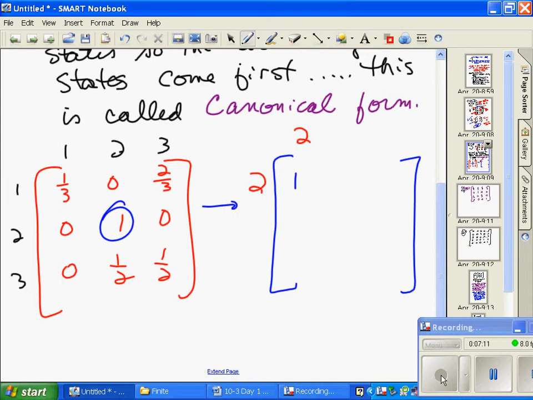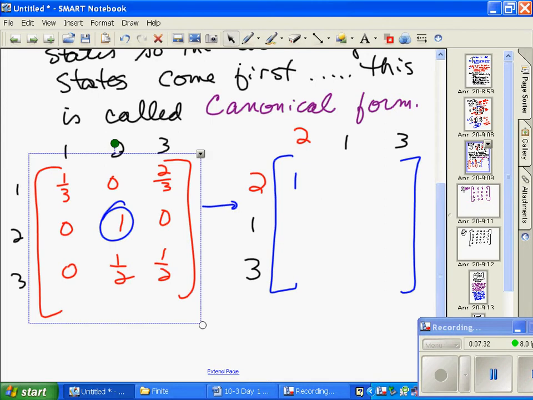So the other two states that are left are 1 and 3. Now it doesn't really matter what order you put them in. I always like to put them from lowest to highest. So then I have to go back to my matrix, and I'm looking at row 2, column 1.